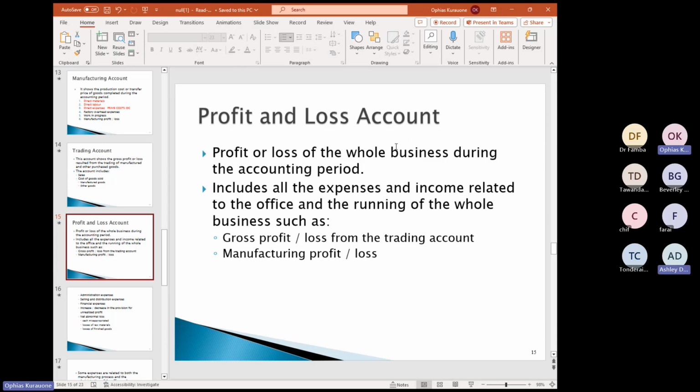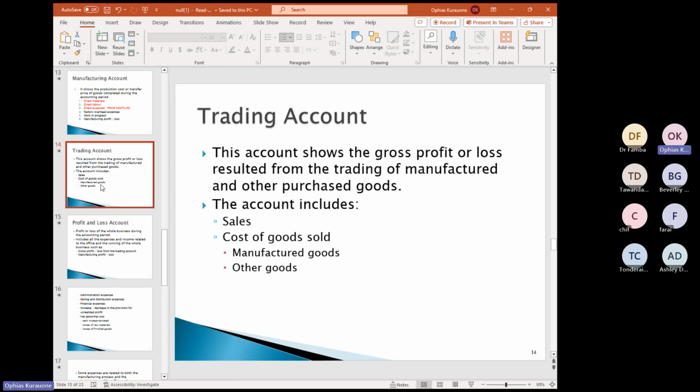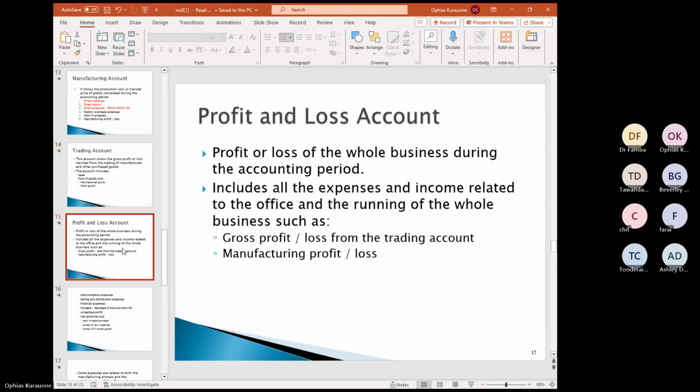Here, the profit and loss account covers the whole business during the accounting period. So the trading account and profit and loss account are different. For the trading account, we are only talking about gross profit, the cost of goods sold against the sales. Cost of goods sold consists of manufactured goods and other goods.